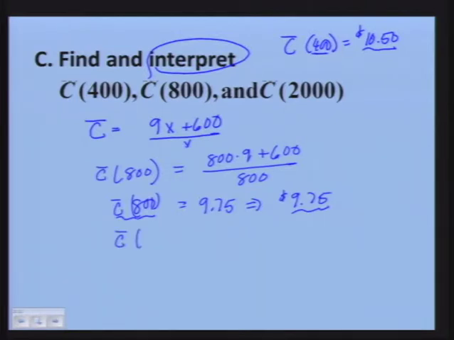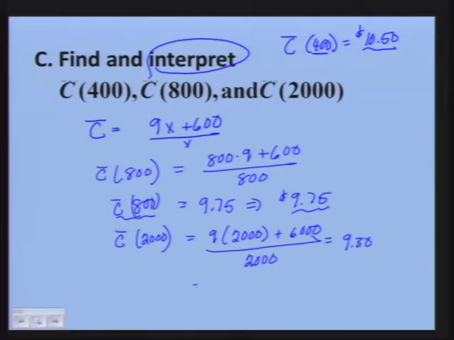And then C bar of 2,000. Well, we'll say 9 times 2,000 plus 600 divided by the total number of jeans, 2,000. And we get 9.30. That means the average cost per pair of jeans is $9.30.